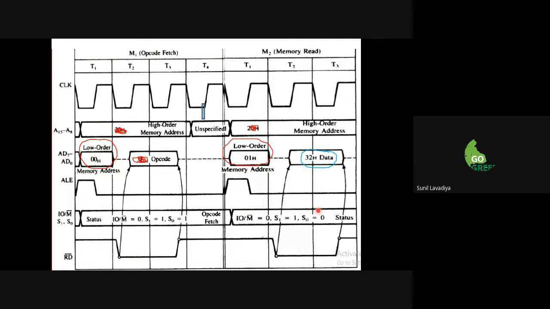Is it clear to everyone? I'm holding this slide for 2 minutes. Everyone, please look at all the points carefully. It's very easy. If you have any kind of question, feel free to ask me.